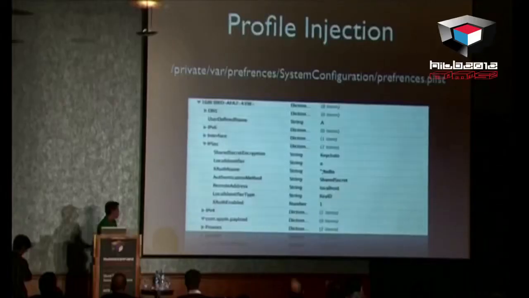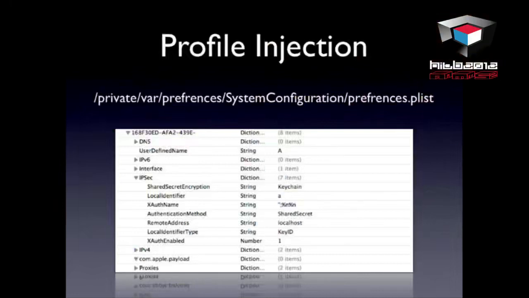And the good thing about this is that the VPN settings can actually be written to the device using mobile backup too. They're stored in that preferences domain. Here's an example of the profile after it's been injected. See, just semicolon or parentheses, semicolon, percent sign n, easy crash.